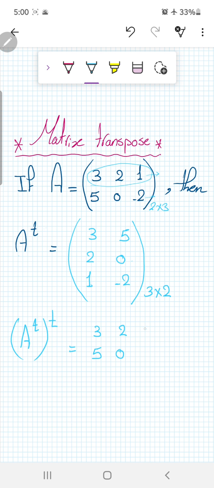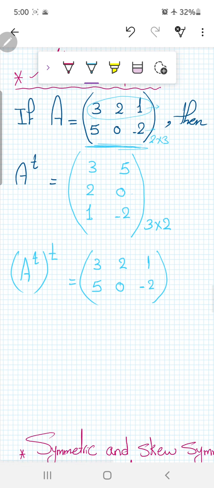Third row will be a column: 1, -2. What did you notice? Here, A transpose, all transpose, will be the original matrix. So here we have a rule: A transpose, all transpose equals the same matrix. Okay? And this is very important.